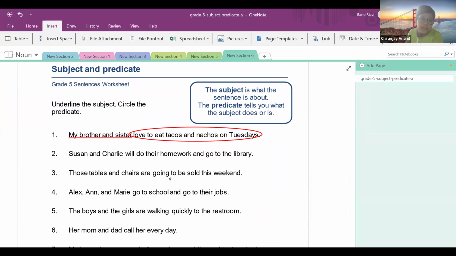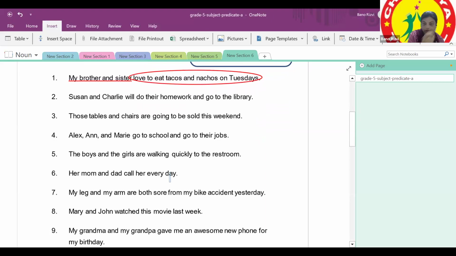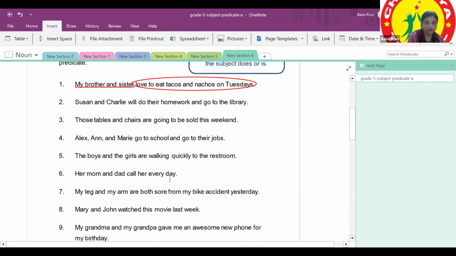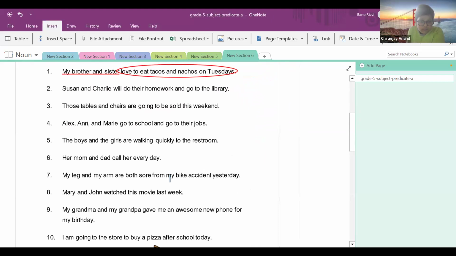Ma'am, these are compound subject and compound predicate. Yes, good. So I want you to underline the compound subjects, from 1 to 10. I'm going to give you only 1 minute.